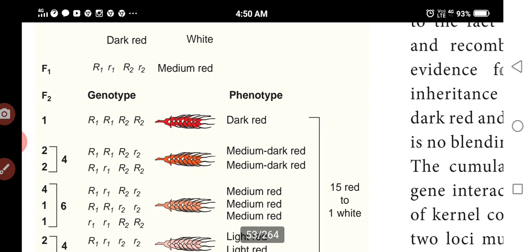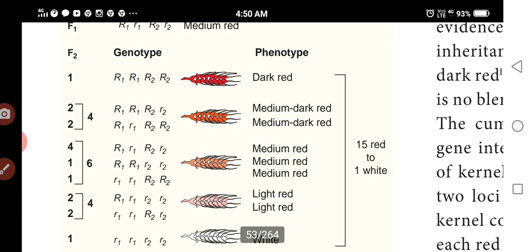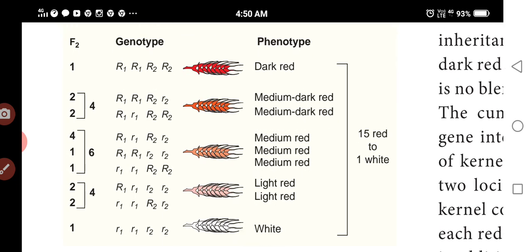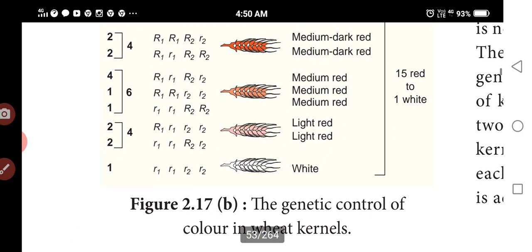Totally, red and white you will discuss. Otherwise, dark red is 4, medium dark red is 4, medium red is 6, light red is 4, and white is 1.